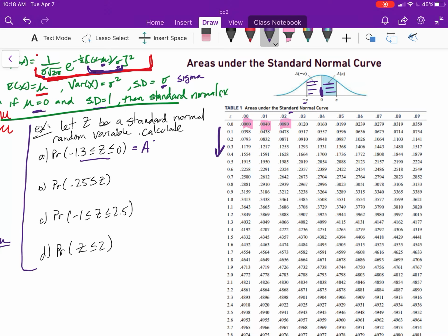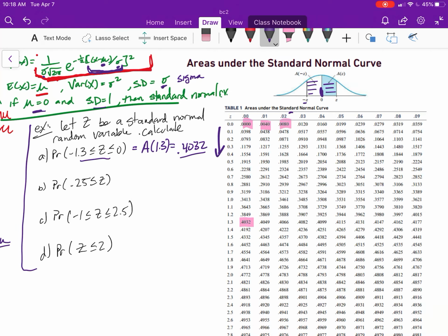So what we say is the area of 1.3. Then I look in this table, I'll use a highlighter here, and 1.3, and I don't have a second decimal place, so we get 0.4032. That is the probability that z falls in the range negative 1.3 to 0.